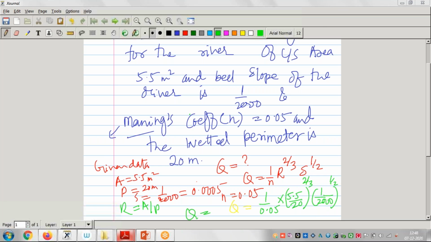Likewise, we calculate the discharge for any river. Is it okay? This method is clear.